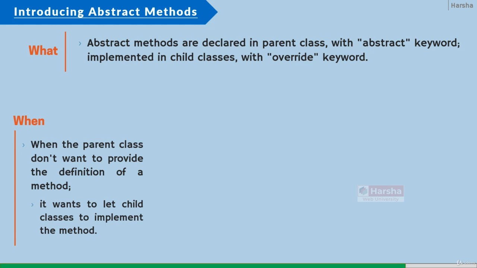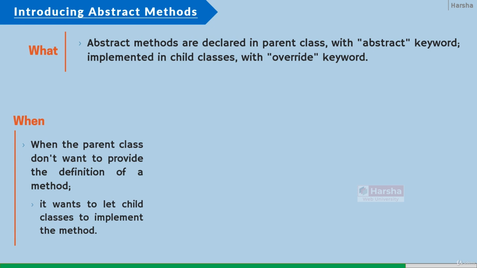For example, in the banking application, there is a parent abstract class called bank account, and there are child classes such as savings account and current account. Suppose the parent class wants to create a method called interest calculation. But the interest calculation process is different for the savings account and current account, right?